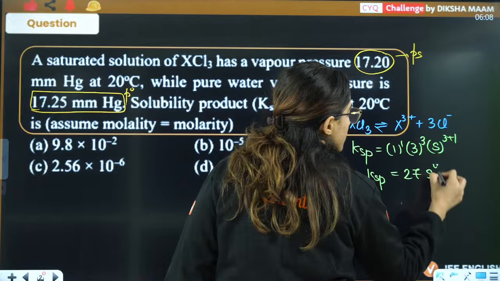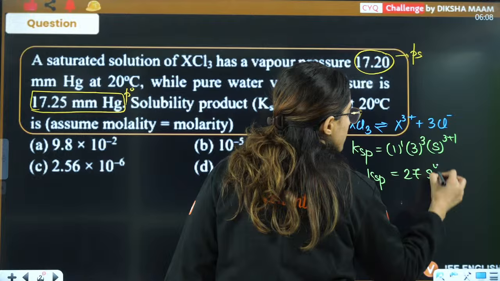These are mixed questions that they can ask you. We are going to apply relative lowering of vapor pressure, which is directly proportional to the mole fraction of solute.